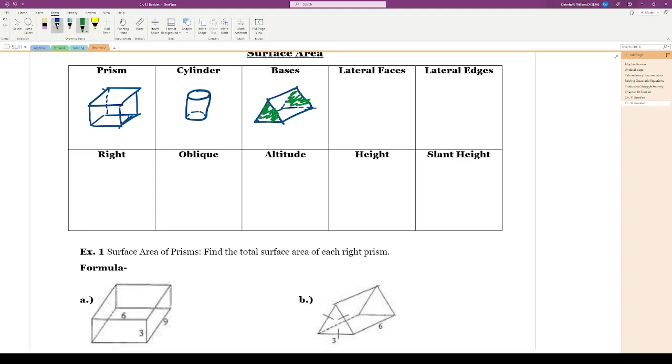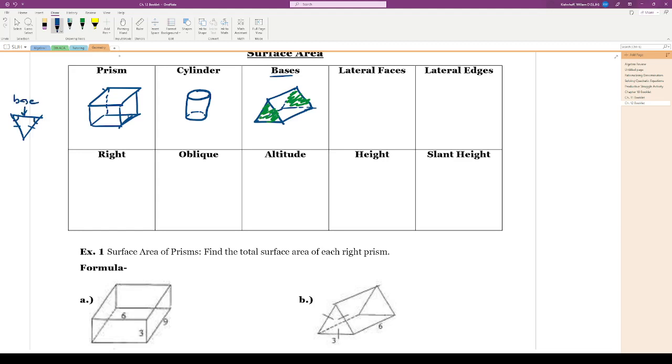So what's really important to keep in mind with bases is that it's the two congruent polygons that are connected by rectangular faces, not necessarily what's sitting on the ground. So when we say base, we think about what's on the ground, but that's not necessarily true. Just like with an isosceles triangle, if I draw it this way and these two are congruent, the base is right here, not necessarily a side facing downward.